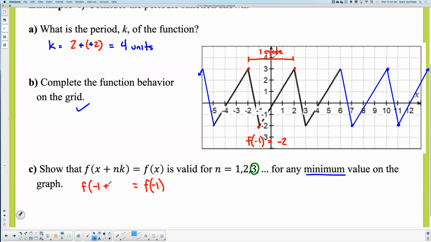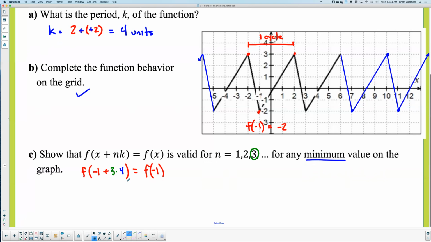We're going to do 3 times, what's our k value? 4. And I'm going to show you how we get the same number here. All right, when we go to simplify this, so color coordination, I chose 3, n of 3. That's what that is. K is 4. We solved that earlier. Okay, let's simplify. This would become f of -1 plus, what's 3 times 4? 12.